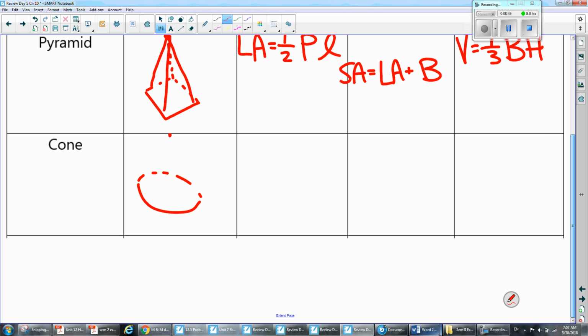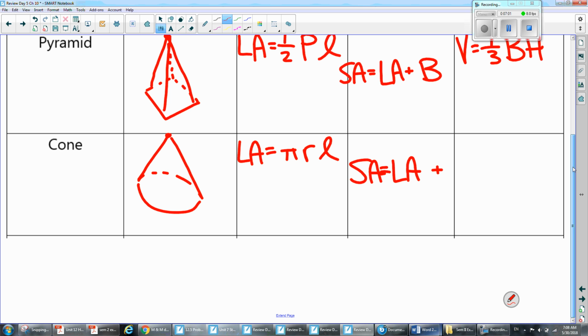Here's my cone, circle base. In order to find the lateral area, pi times the radius times the slant height. Surface area takes that lateral area and it adds pi r squared. And for the volume, we take 1/3 times pi times the radius squared times the height of the cone.